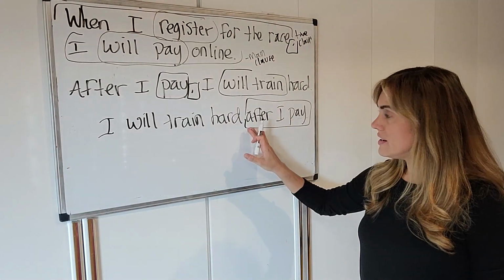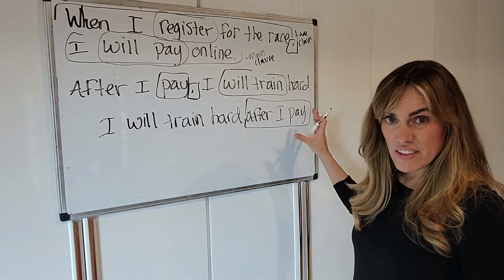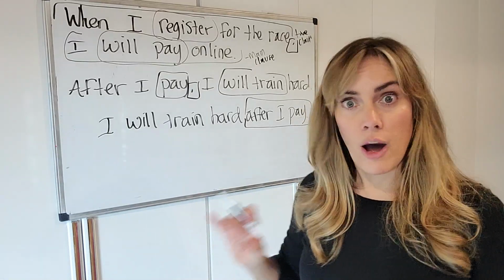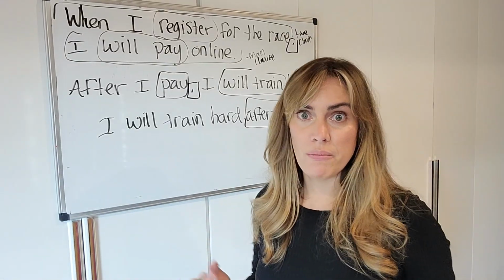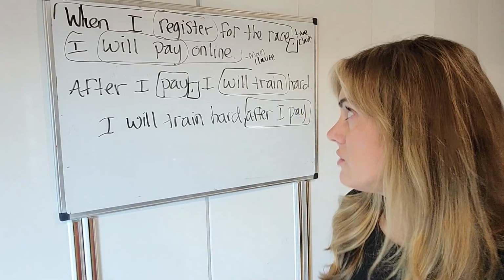So here, because the time clause is at the end of the sentence, I don't need a comma. Fun fact, right? Fun comma fact for you. Actually, this is a really important comma rule. So if you have trouble with commas, this is a good one to know. Sometimes when we're making our sentences with future time clauses, we might get confused about which thing is first and which thing is second.